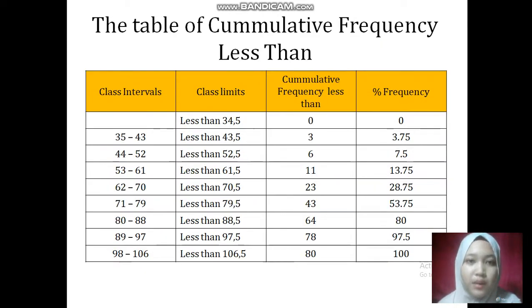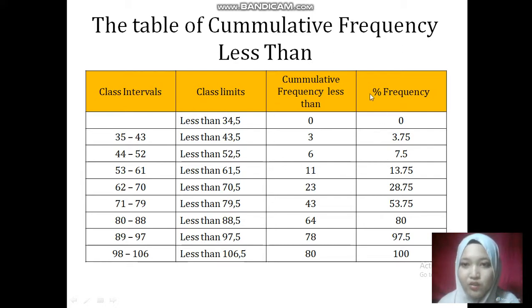Next, the table of cumulative frequency less than. How to understand this table is right here: 3 means that there are 3 data values less than the 43.5 class limit. Alright?